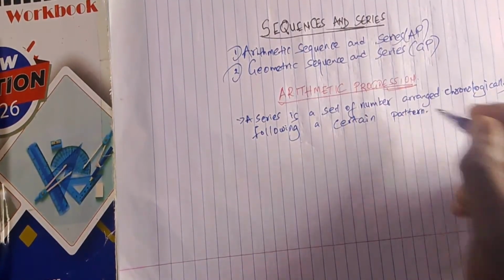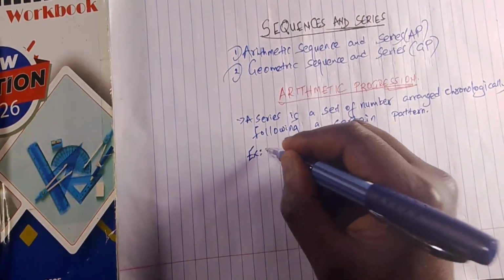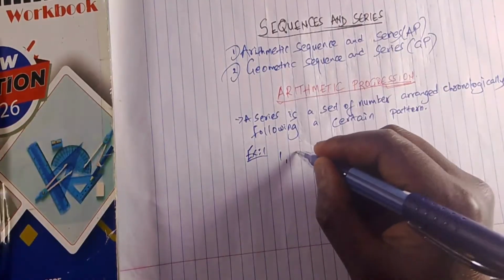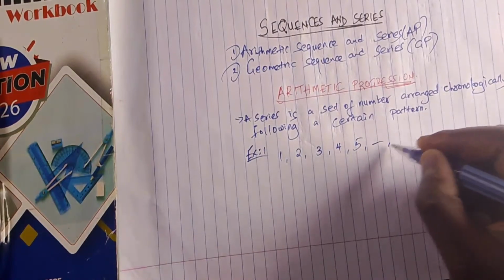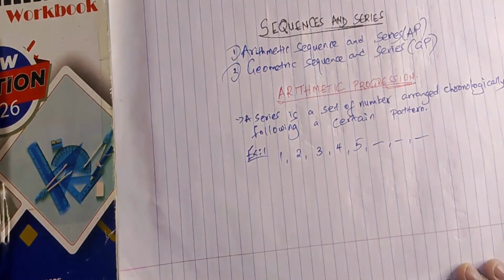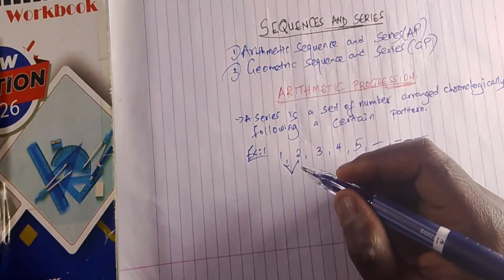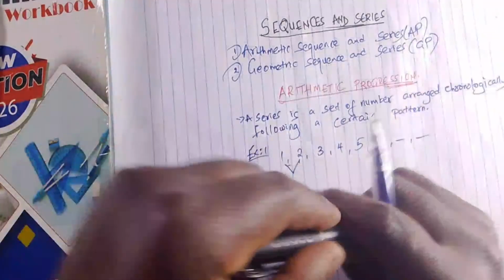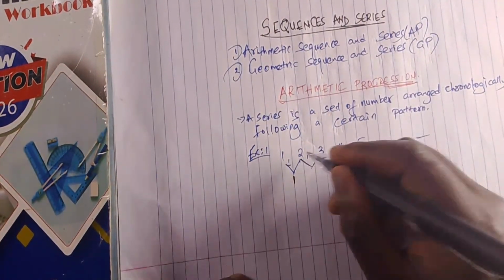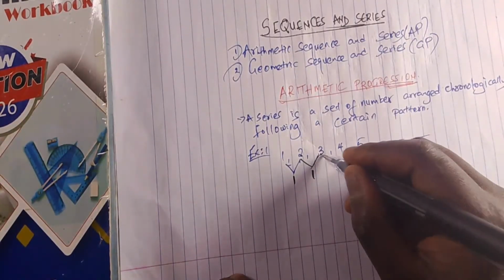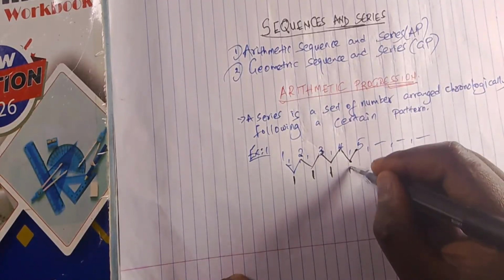For example, when you are in class 1, you are given a sequence of 1, 2, 3, 4, 5. Find the next 3 numbers. And you came and said that 2 minus 1 is 1, 3 minus 2 is 1, 4 minus 3 is 1, 5 minus 4 is 1.